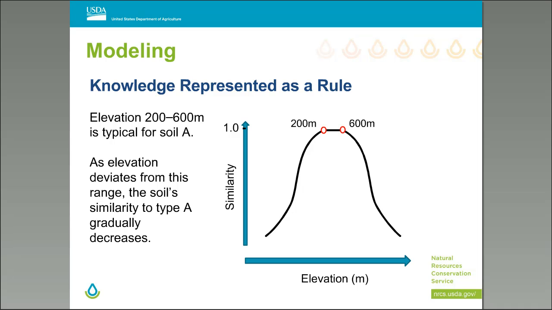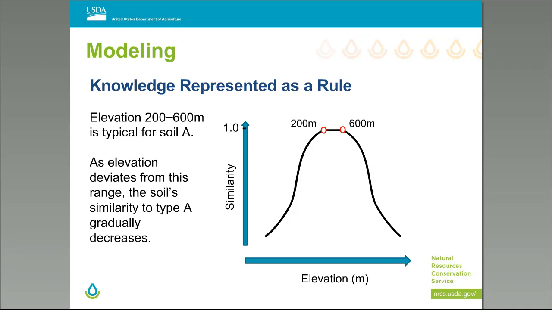So once we've done that, once we have our map broken out into parent materials, the next thing is to start modeling. And what does that mean? For us, that means translating knowledge into a rule. Soil scientists all know all kinds of things about the soils and where they occur, and this is just one example of that.